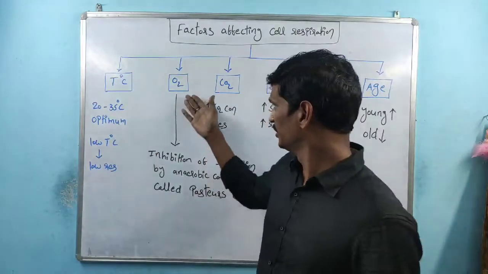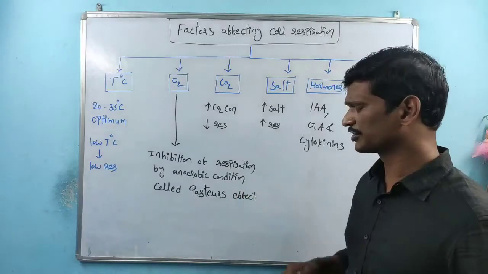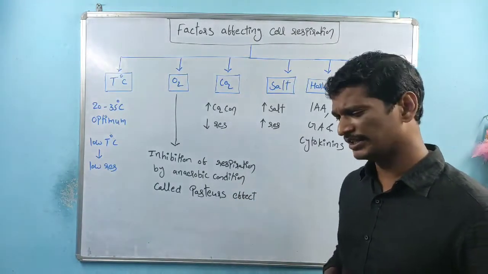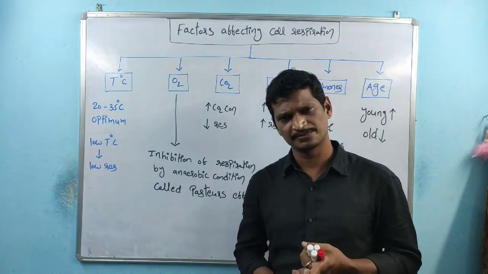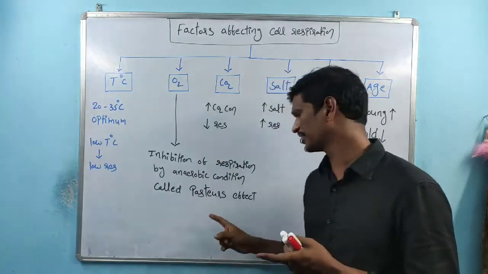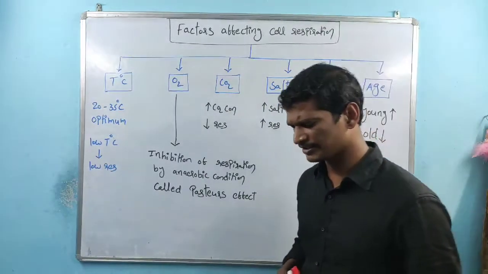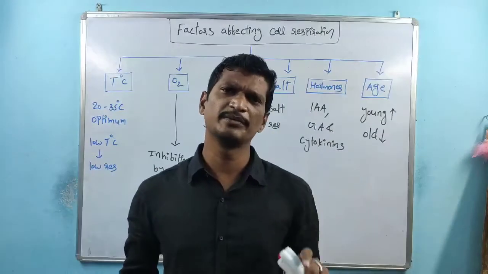Inhibition of the respiration process by anaerobic conditions, that is, inhibition of respiration due to lack of oxygen, is called Pasteur's effect. Within the human body, if oxygen is available, respiration will take place.